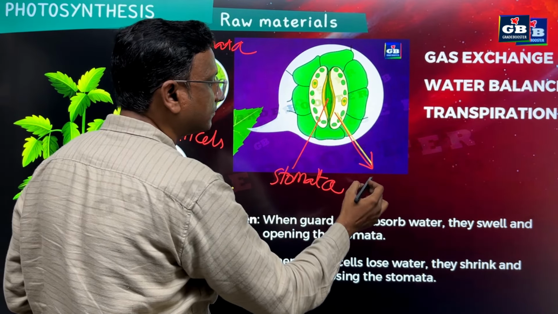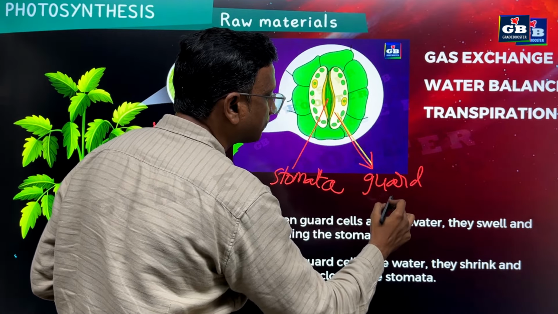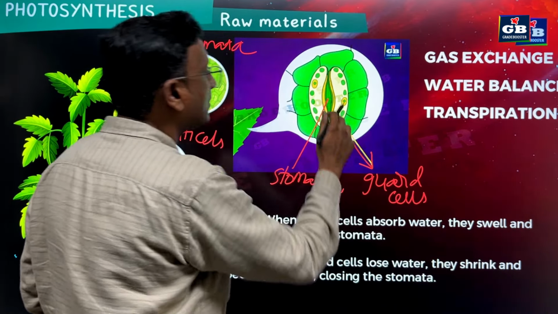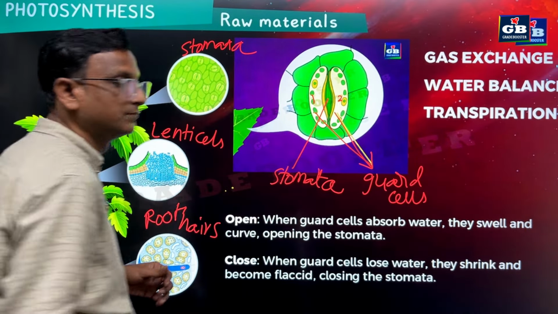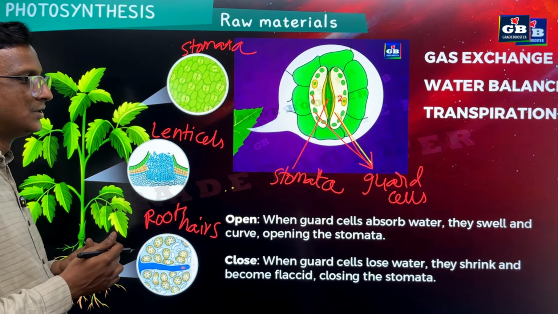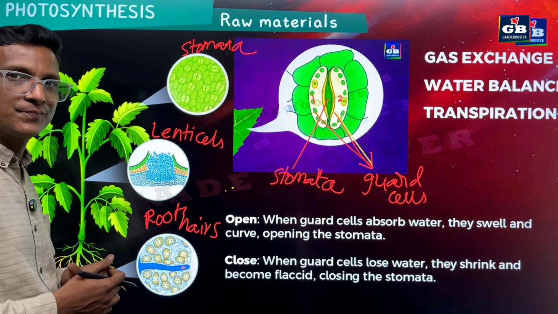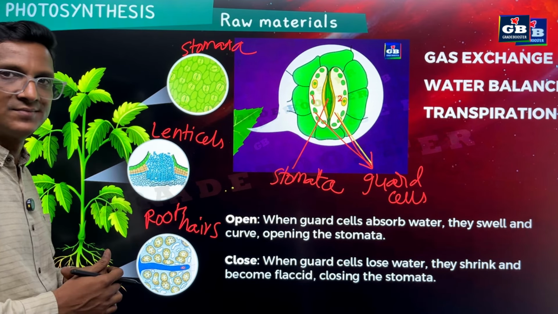Guard cells. So two guard cells: a stomata is enclosed by two guard cells. So what do these guard cells do? They operate the stomata. They open and close the stomata.